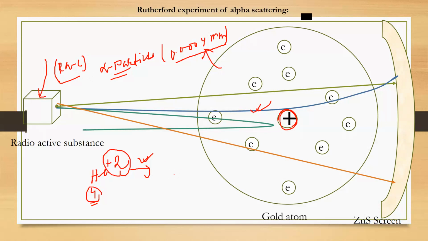Very few alpha particles are deflected back. That is only a few particles, hardly one particle out of 20,000.